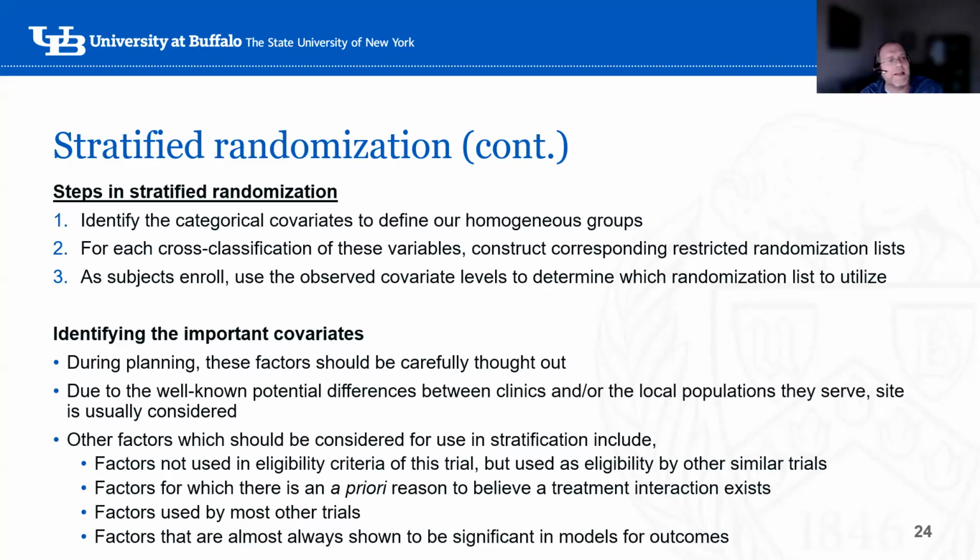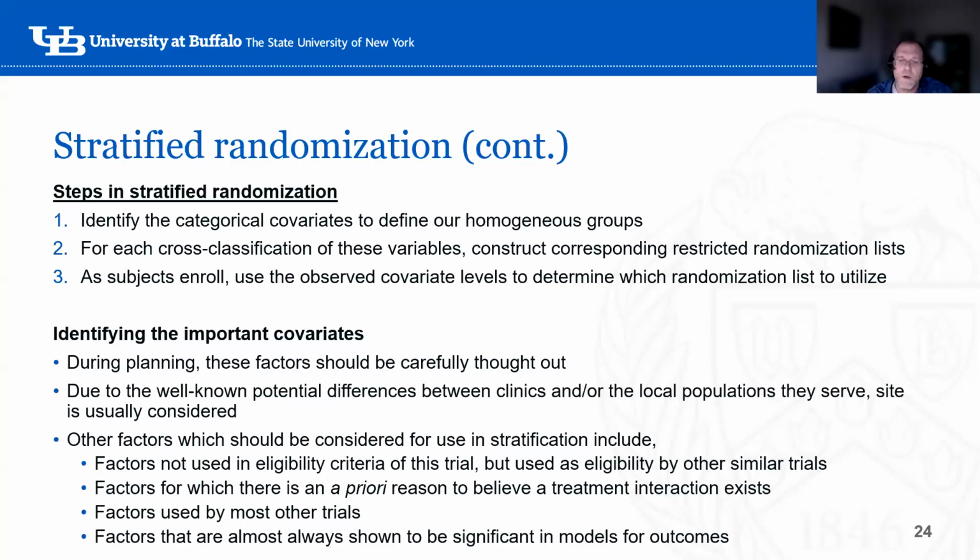Often, even if the sites are not different in terms of how they treat disease, if you're dealing with patient subjects, at the very minimum, they might serve different populations. And those populations are defined by factors that are related to outcome. So usually clinic is in there. In terms of other variables, I think looking to other published trials is a good idea.